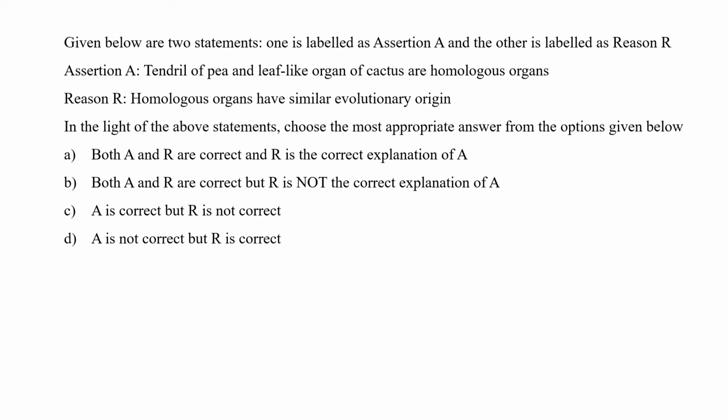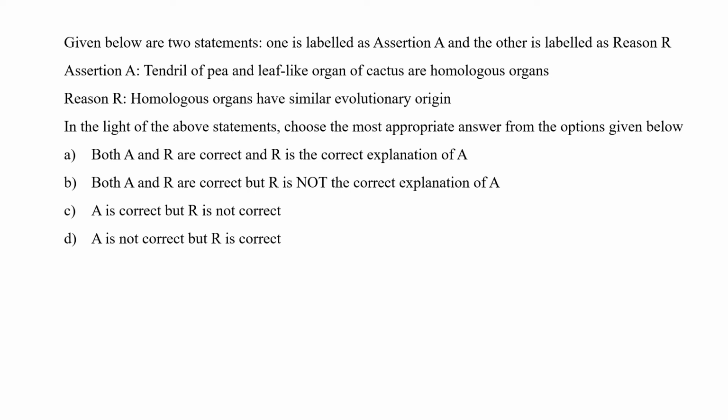Homologous organs have similar origin, but due to evolution, the organisms undergo developmental changes in order to adjust to the changing environmental conditions. In many plant species, leaves have been modified for functions other than photosynthesis. The cactus plant, like Opuntia, grows in desert areas. In order to prevent the loss of water in such arid conditions, the leaves have been modified into spines.